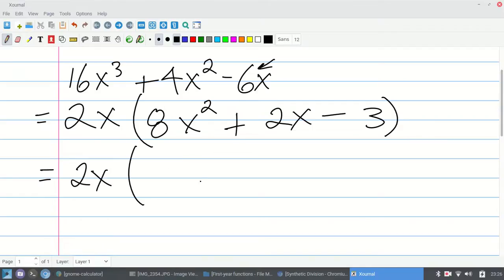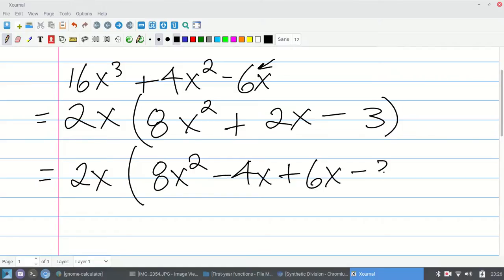Okay? Now, I need two numbers to multiply to negative 24, but add to positive 2. That is going to be positive 6 and minus 4. So I got to split the middle term. So why don't I do this? Okay. I'm going to introduce another set of brackets.